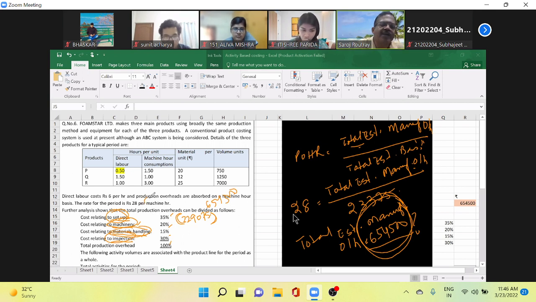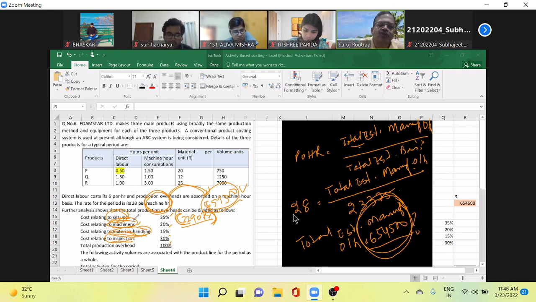Earlier we were taking only one cost pool: the whole manufacturing overhead of 6,54,500 driven by machine hour. But in reality, machine hour is not driving all the expenses of 6,54,500. Out of this, 2,29,075 is driven by something different.